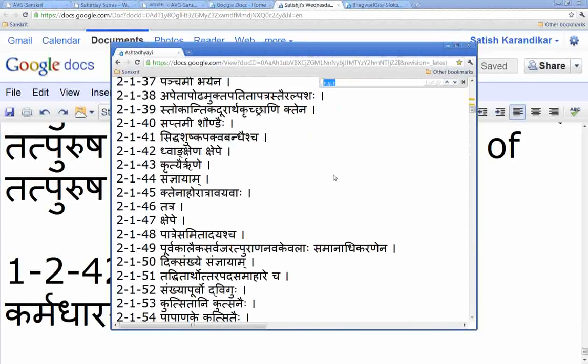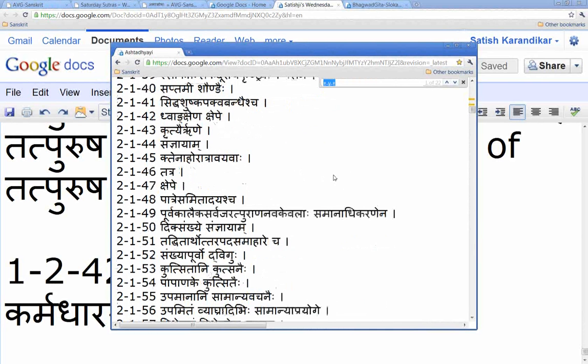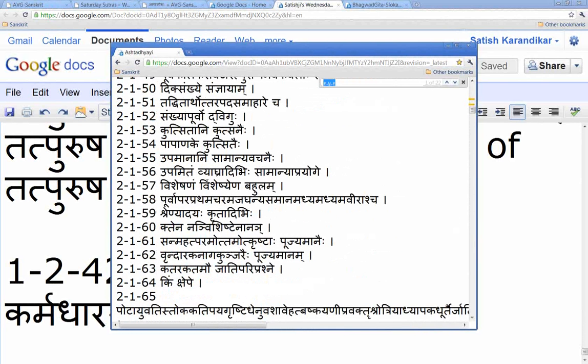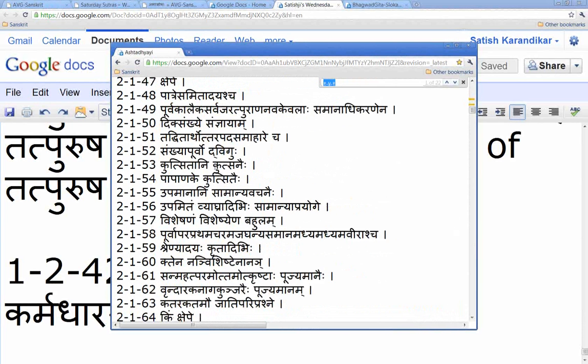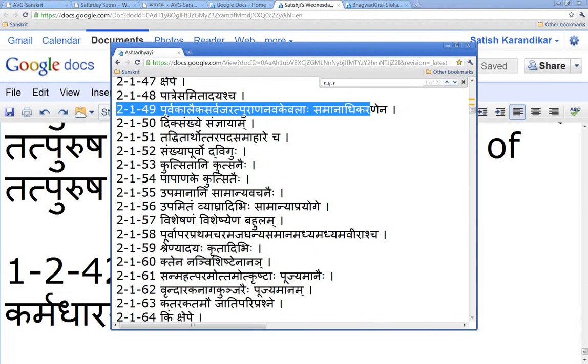Of course, the Samasa section is not like mathematics. It will take some skill to figure out how to fit in all the compounds. But the bottom line is that these are very small sections. So here Panini starts with this thing called Samanadhikaranena. It's 2149: Purvakalaika sarva jarat purana nava kevalaha Samanadhikaranena.